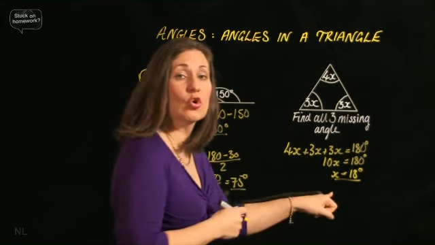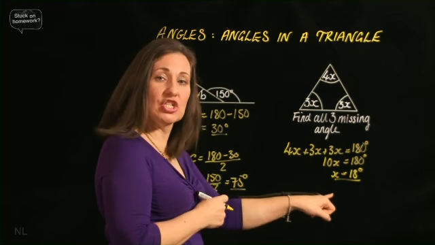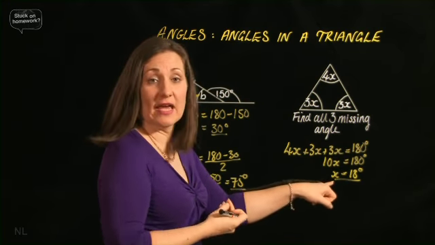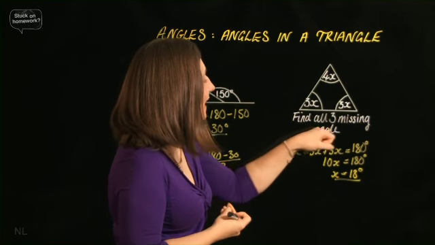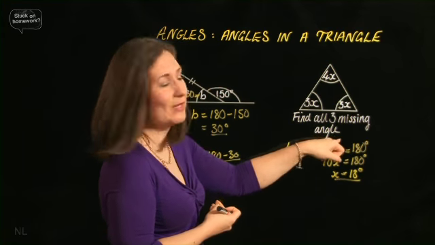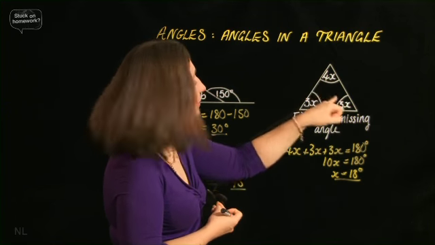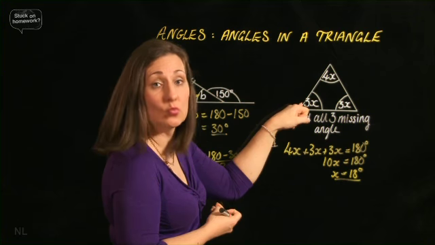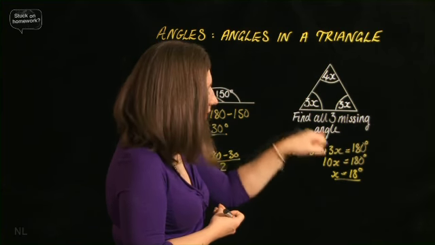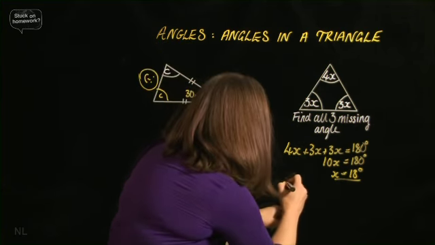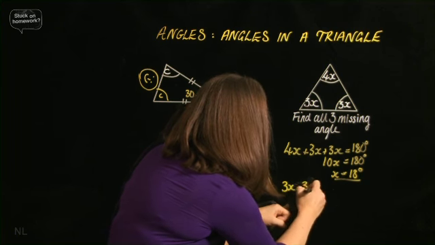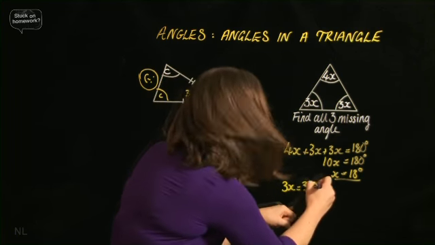Now, have I finished the question? Well, the question actually asked me not necessarily to find x, it's actually to find the missing angles. So, I've got a 3x and a 4x. Because they're the same, I only have to do 3x once. 3x, x is 18. So 3x is 3 lots of 18.